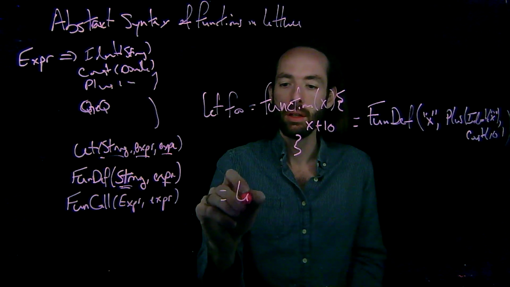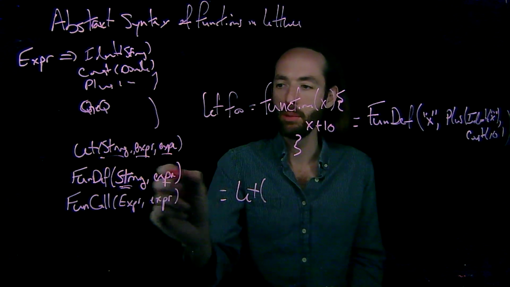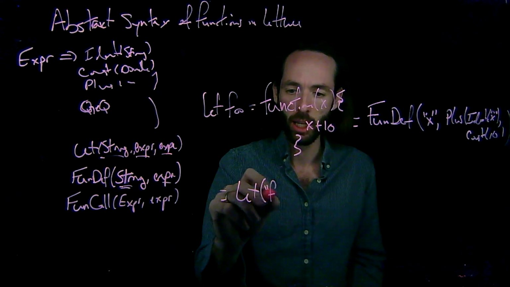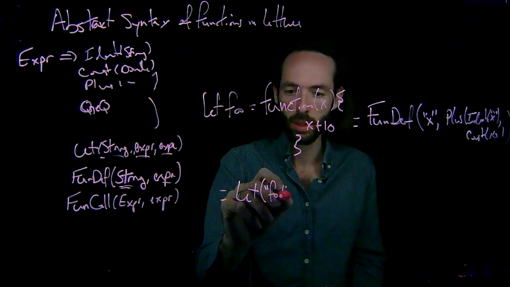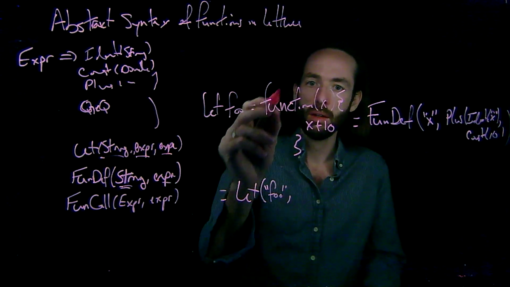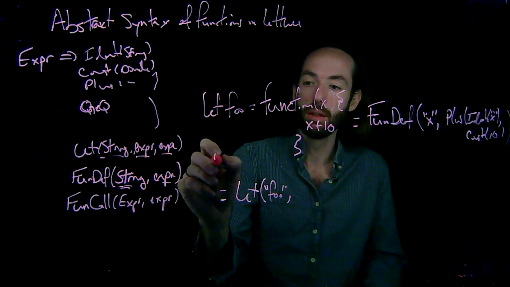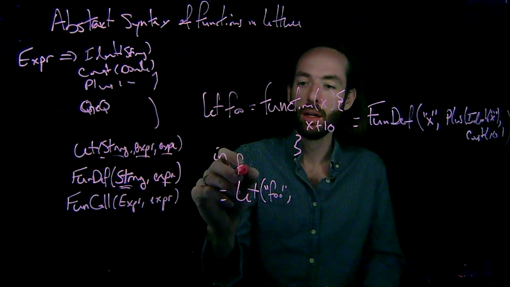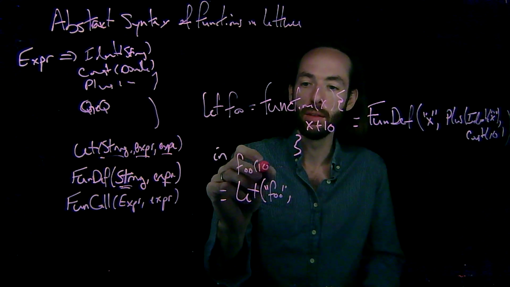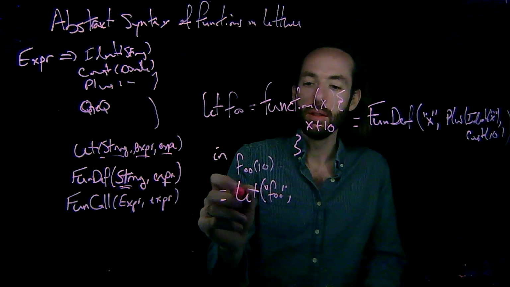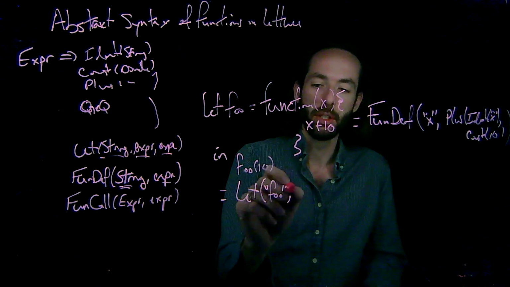What is the let statement? We have a string, that's the name of the variable that we're binding. We have whatever is going on the right-hand side of the equal sign, and of course we need something like n, and then we'll say maybe foo of 10. So we'll have let foo, and then this is just going to be this function def.